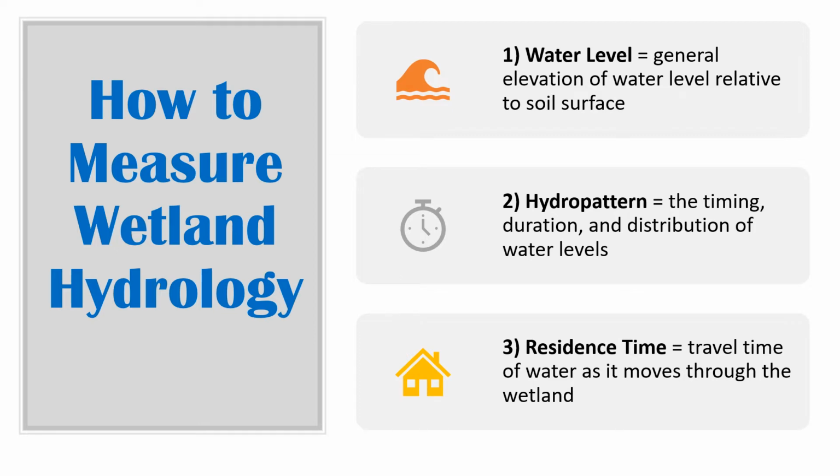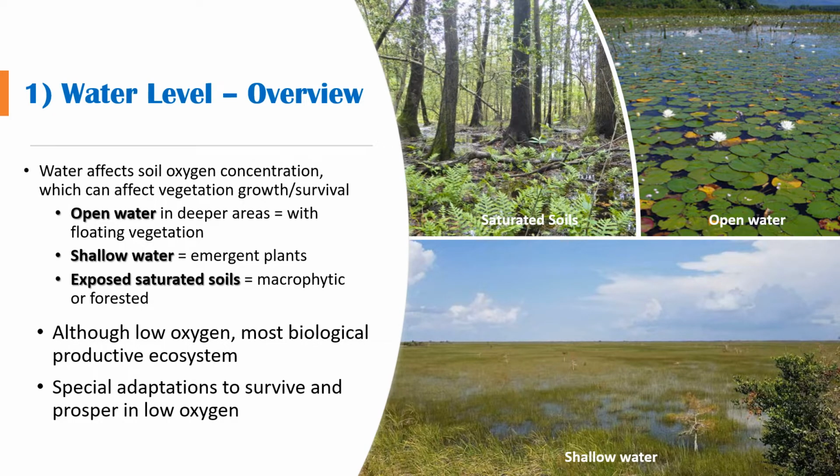As we know, the amount of water can significantly affect the soil oxygen concentration, which dictates what type of vegetation can grow or survive in these wetlands. Typically, in open water, deeper areas, we have more floating type vegetation. In shallower water, we have emergent plants, such as this marsh.